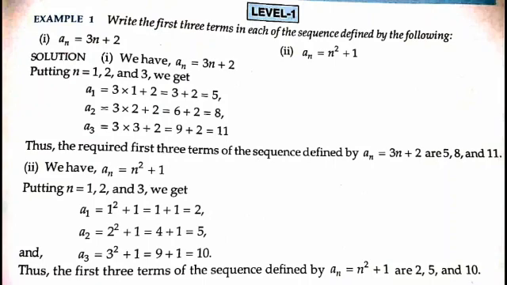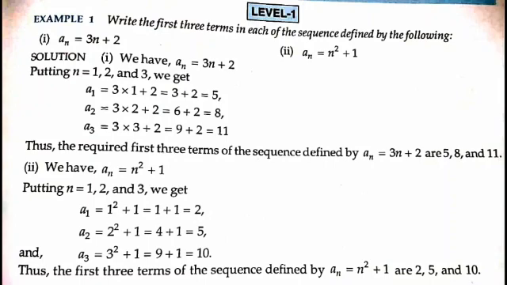Second term of the sequence A2 is equal to 3 into 2 plus 2, which results as 8. Third term of the sequence is 3 into 3 plus 2, which gives us 11. Thus, the required first three terms of the sequence defined by An is equal to 3n plus 2 are 5, 8 and 11.